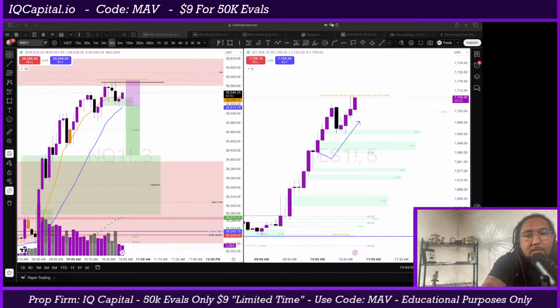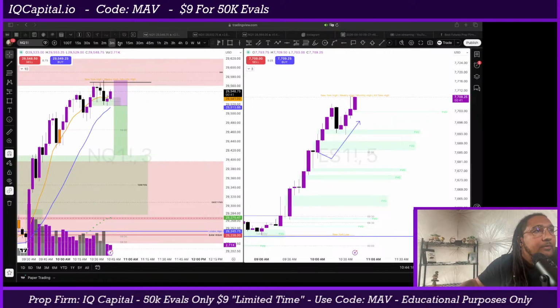So we're looking to see if we can invert this 3-minute gap here after a tap into this 4-hour bearish fair value gap, looking for a pullback into this unmitigated 15-minute fair value gap.